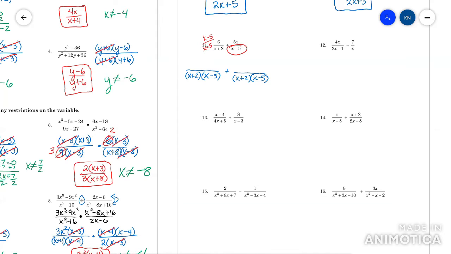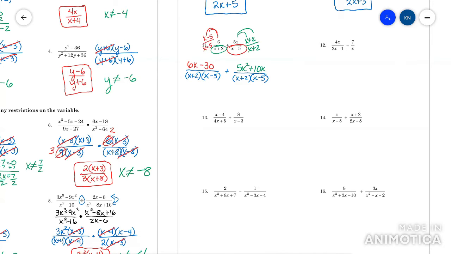And like this x plus 2, you have to give it to the fraction on the right. And what's going to happen here is you're also going to have to distribute. And you're going to have to distribute this 5x as well. And so basically what you're going to get is, I guess I'll write it in red. You're going to get 6x minus 30 on the left. And on the right, you're going to get 5x squared plus 10x.